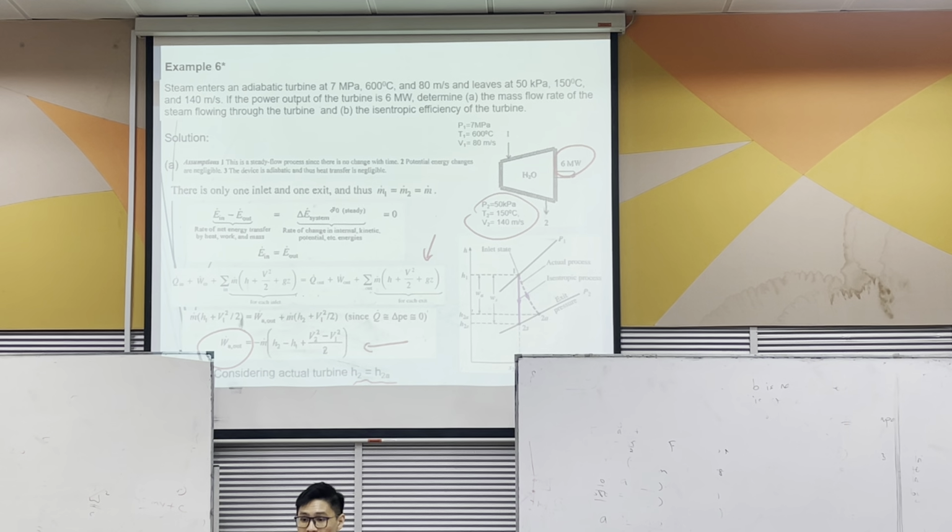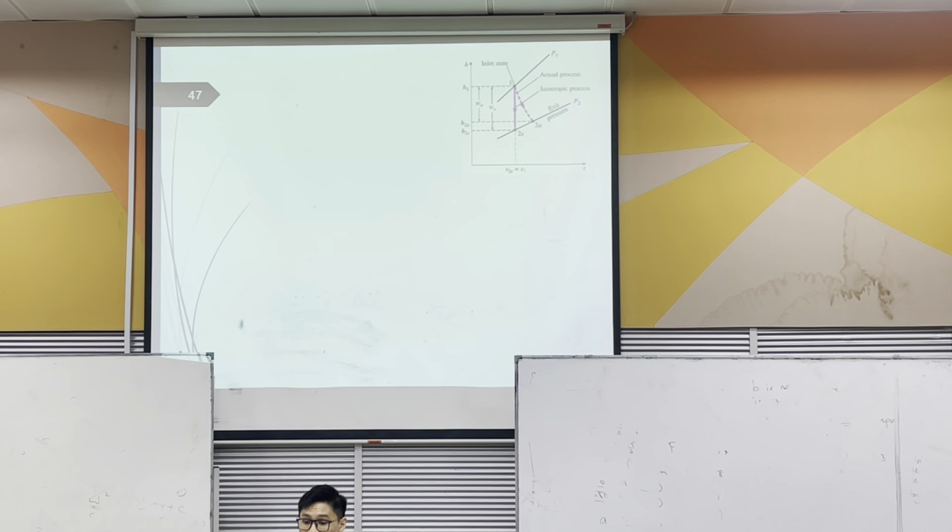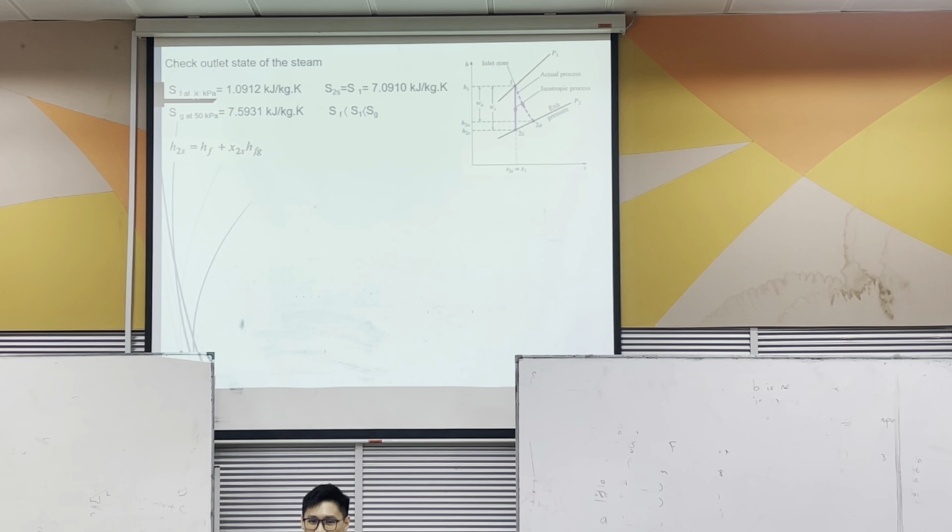Same thing here. In this case, P2 is 50 kilopascal, which means at the outlet, let's check. Back to what you know about the table.